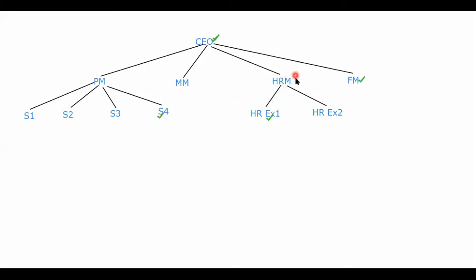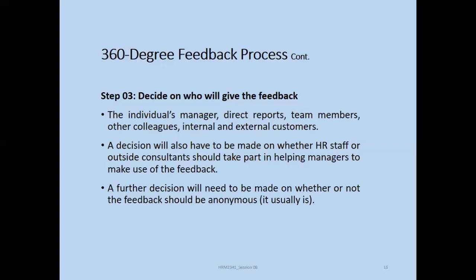In our example, there are 4 main feedback generators on the job of HR manager. The first is the CEO, the second is the finance manager, third is HR executive 1, and the last is production supervisor number 4. That decision should be taken under step 3 of our process.